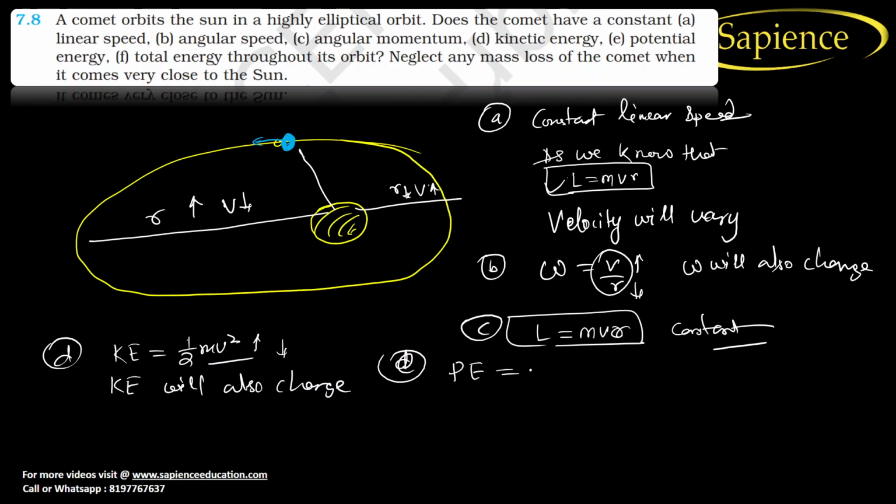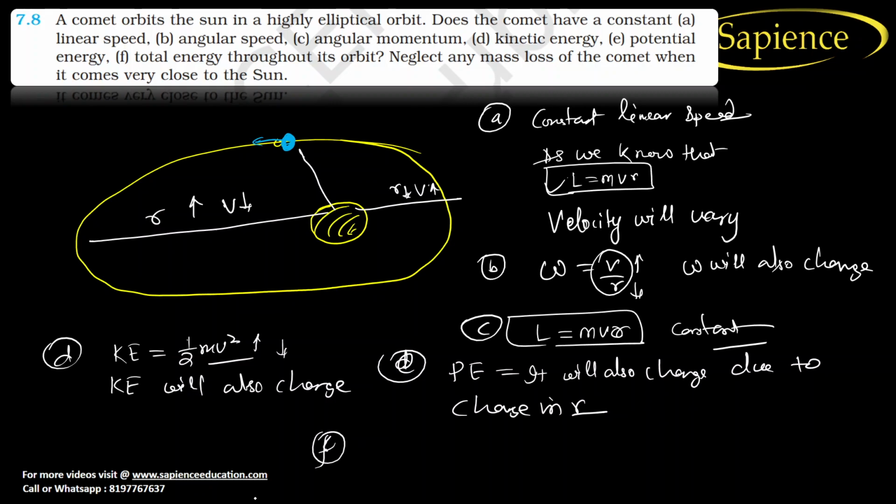So potential energy will also change due to change in distance, change in r.